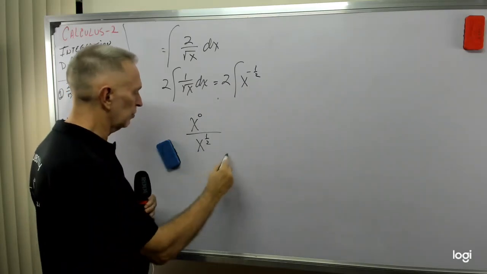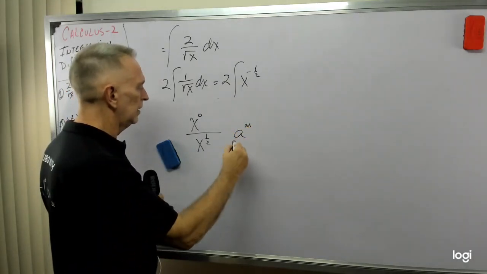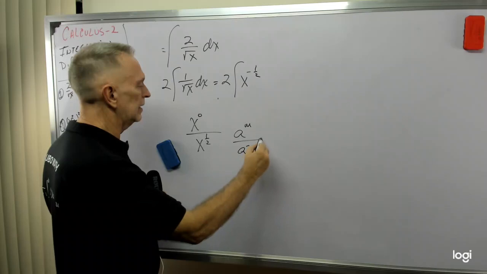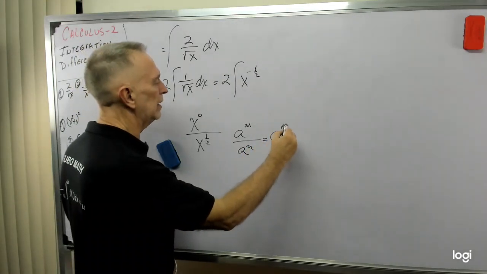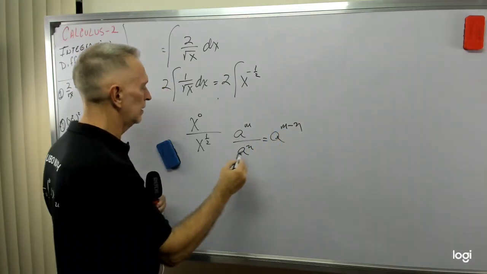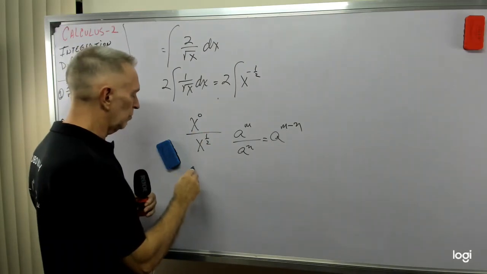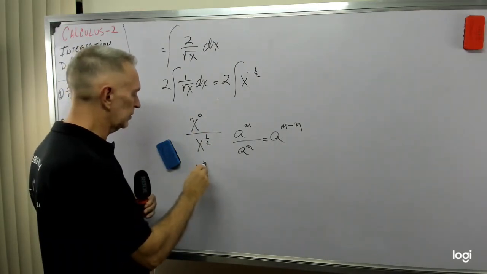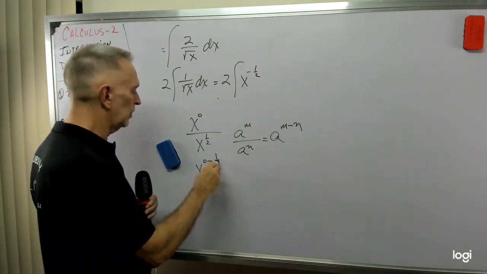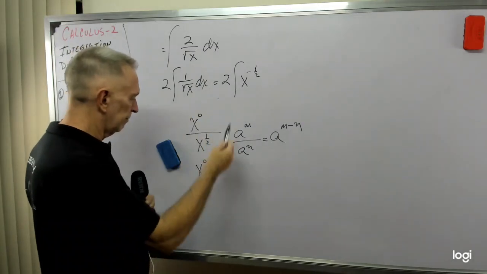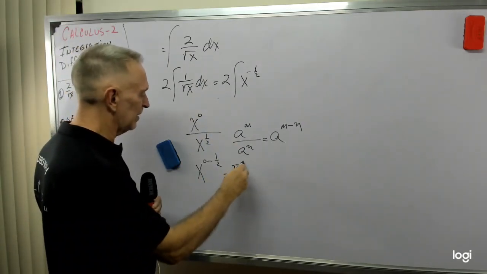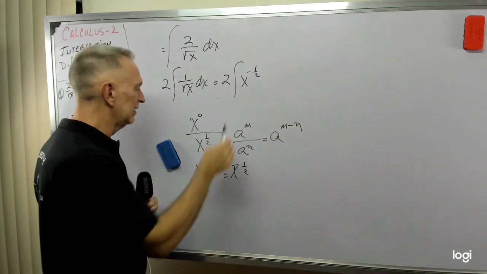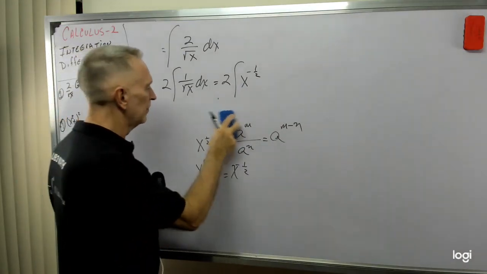Remember the rule, a to the m divided by a to the n equals a to the m minus n. So if I perform that here, x to the 0 minus 1/2 is x to the minus 1/2. That's where that comes from.